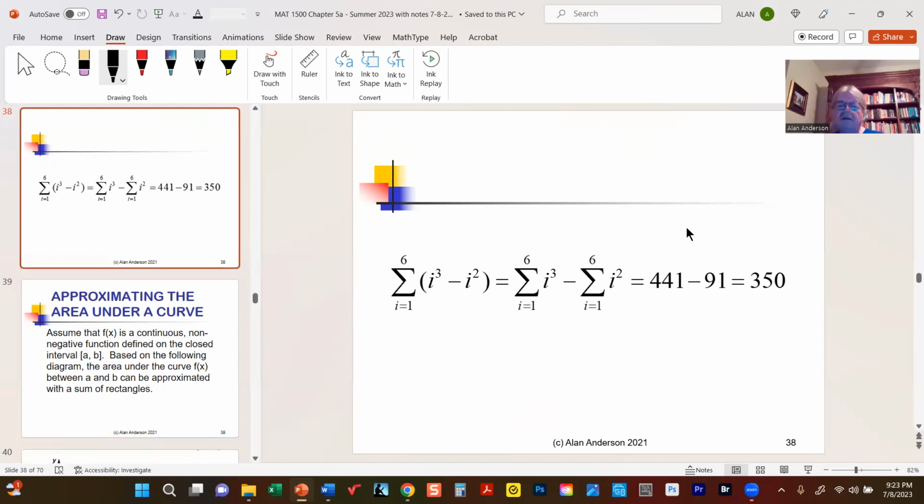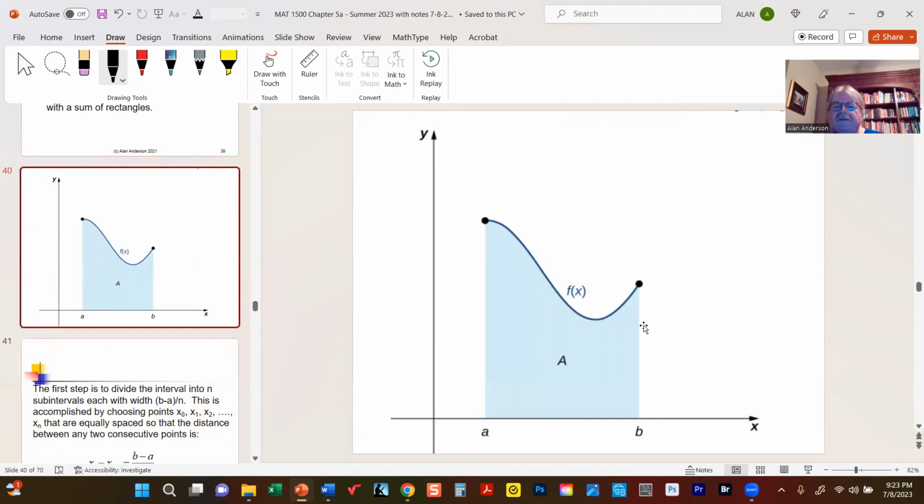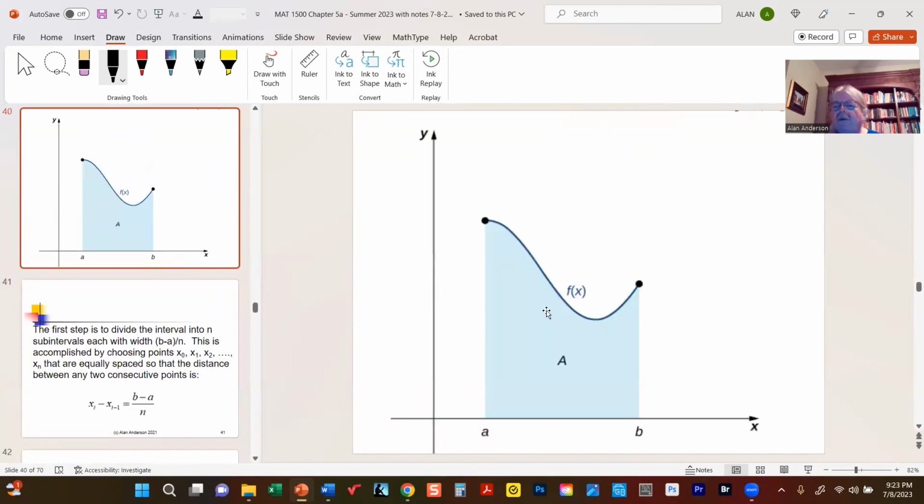Now we're going to see here a derivation of how to find the area under this curve between the two endpoints a and b. Now, if this was a square, we'd be all set, of course, but there isn't a specific formula here. So what we're going to end up doing is this.